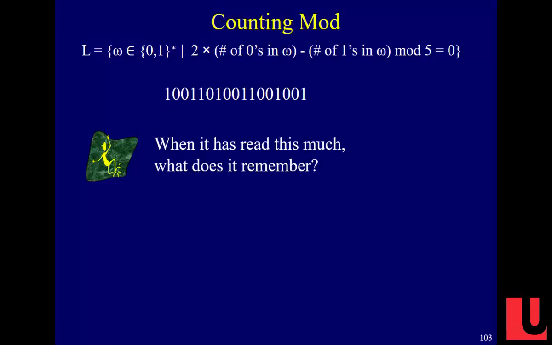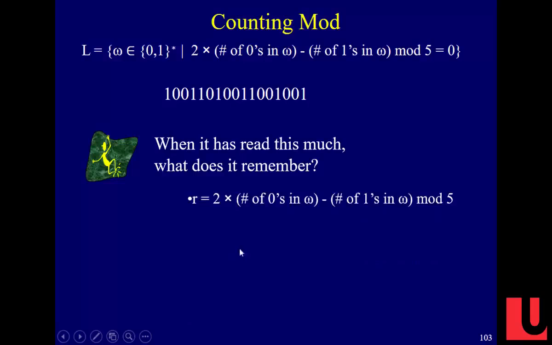Do you have to know how many zeros you've seen so far? No. Do you need to know the number of ones? No. What you remember so far is the number of zeros seen so far times 2 minus the number of ones seen so far, mod 5.